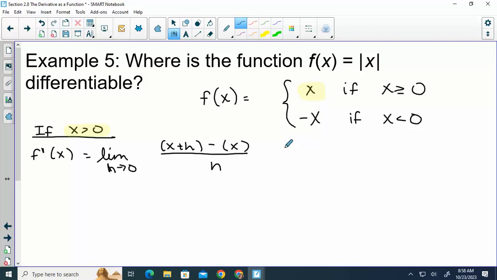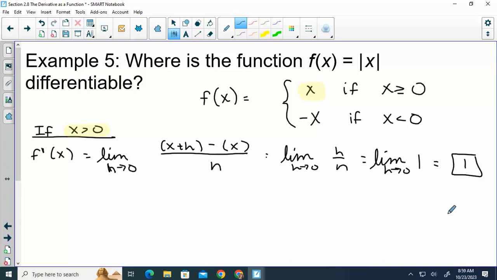You guys with me there? So at that point, what do we do? What happens? X's cancel. So we have h over h, which is just a 1. And there's no h to even plug in for, so this limit is 1.